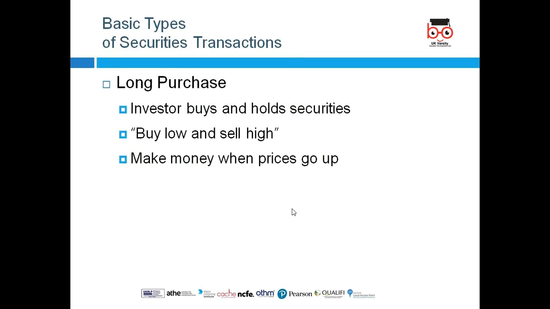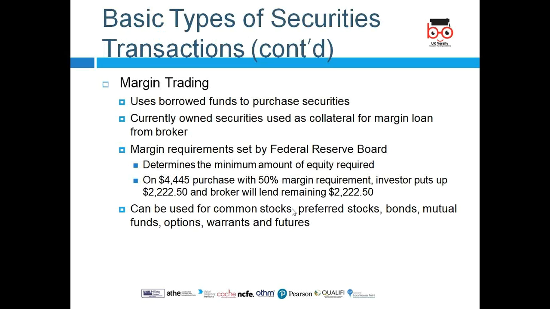Under the Fraud Act as well, the basic types of security transaction: long purchase, where the investor buys and holds the security, buys low and sells high, and makes money when the price goes up. And margin trading, like we said earlier, uses borrowed funds to purchase securities, with currently owned securities used as collateral.